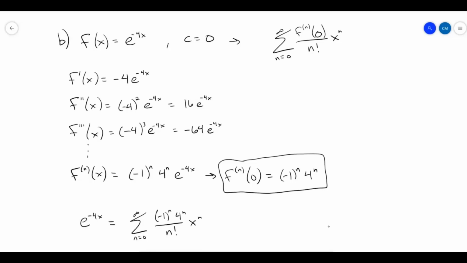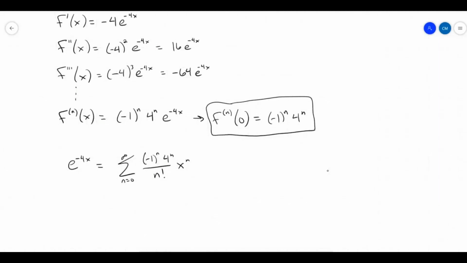Now for these, this didn't come from a geometric series, so there's really no way to tell what the interval of convergence is going to be without doing the ratio test on this. And again, this wasn't asked for, so we don't have to do it on this problem. But if you did want to find it, you would have to do the ratio test to figure out the interval of convergence. Okay, so that's that.